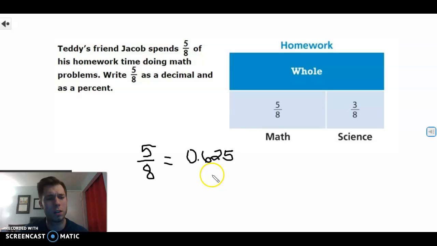Now let's take a look at it as a percent. This one might have been a little bit tricky for you guys. So this time let's go ahead and start with our decimal. Since 8 isn't a great number that goes into 100, you can do it, but it's not the best number that goes into 100.